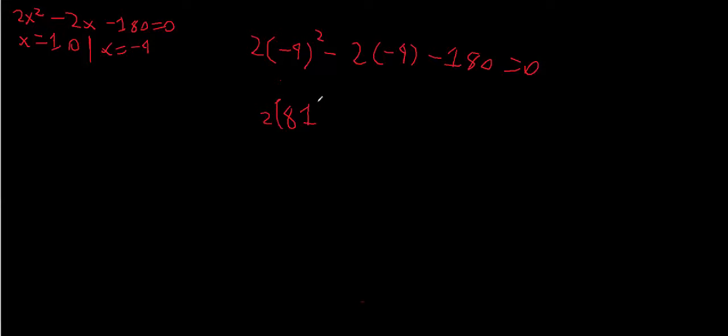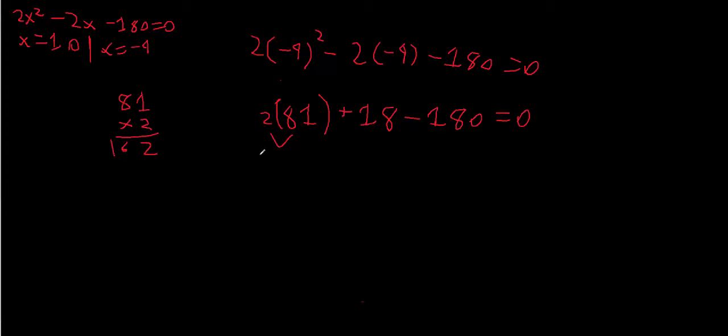So 2 times 81 plus, because negative times negative is a positive, 18 minus 180 equals 0. 2 times 81, we'll do the math over here. 162 plus 18 minus 180 equals 0.